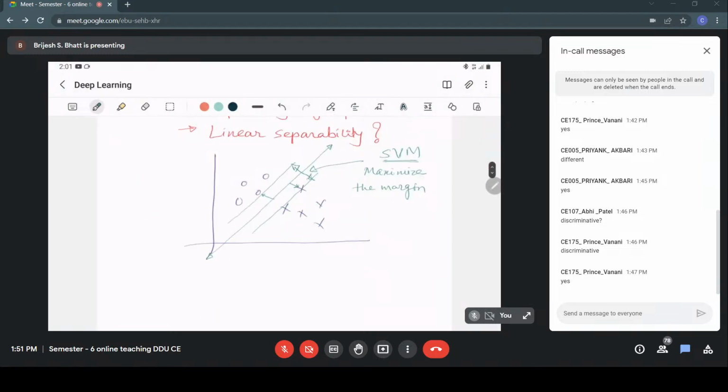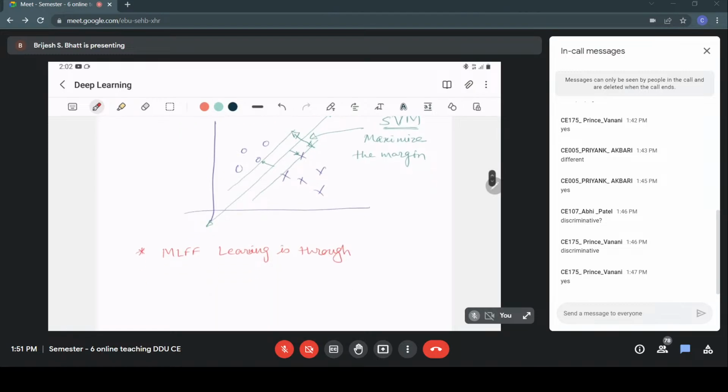So the differentiating factor between these two is: MLFF learning is through error correction, and the popular technique is gradient descent, on which the backpropagation algorithm is based.